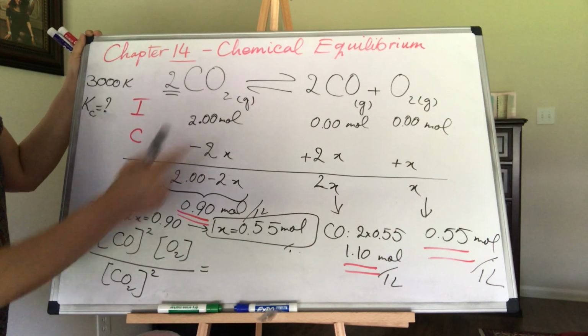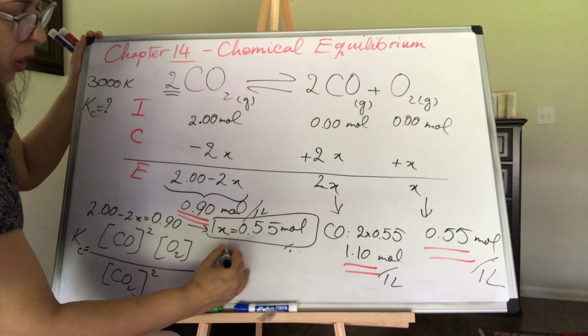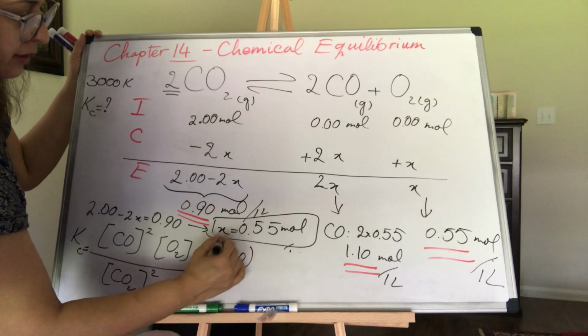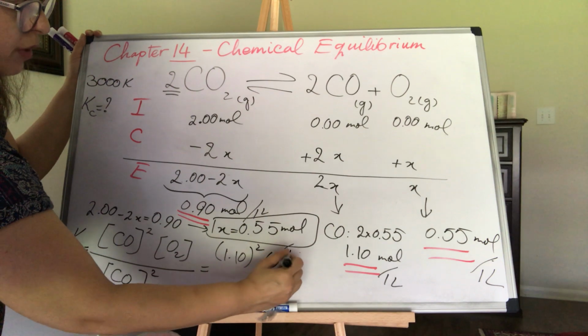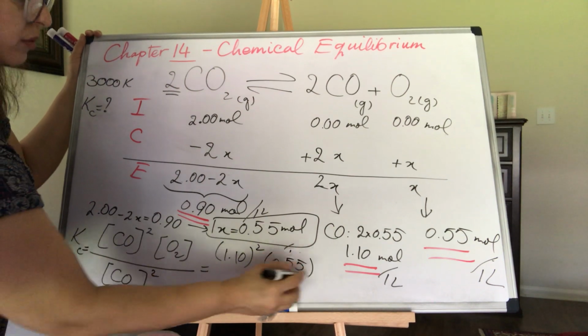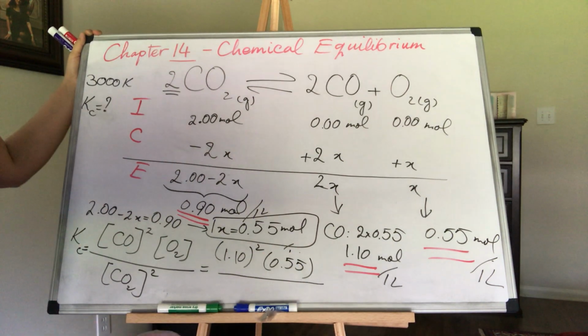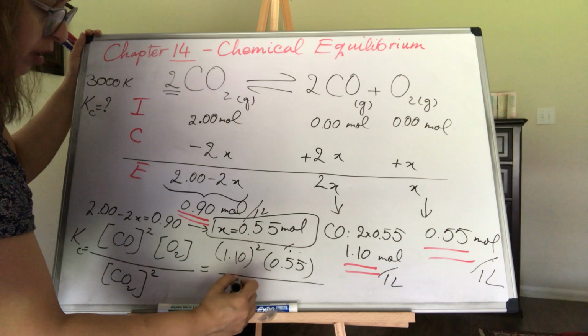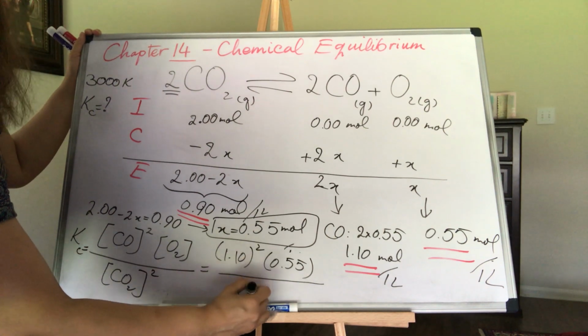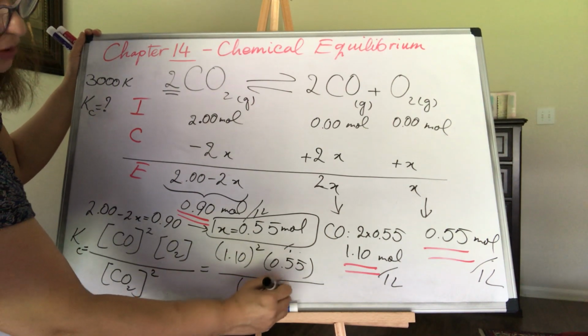So go ahead and plug them in. Carbon monoxide, how much carbon monoxide you had? 1.10 squared. Oxygen, you have 0.55 to the power of 1. And you have, how much? 0.90 squared.